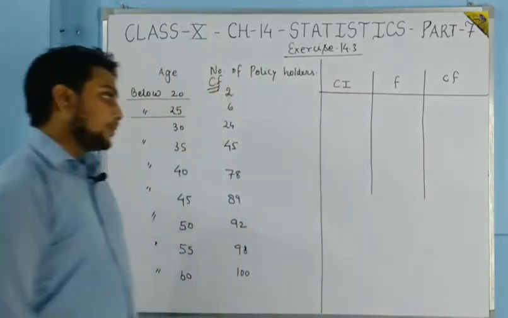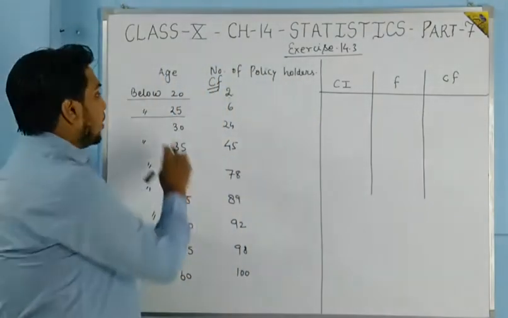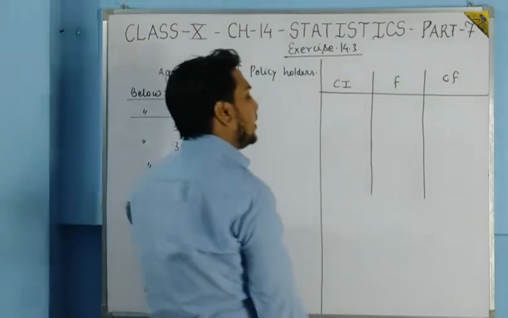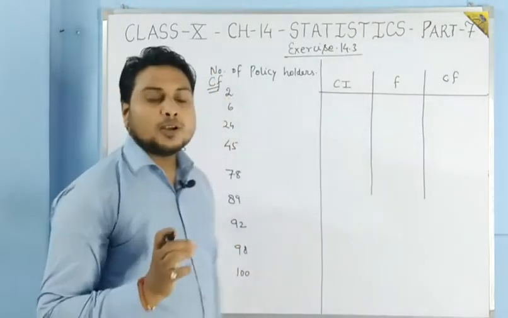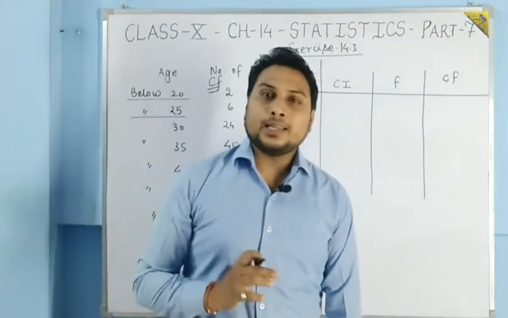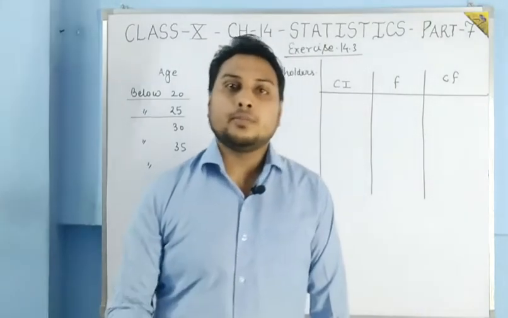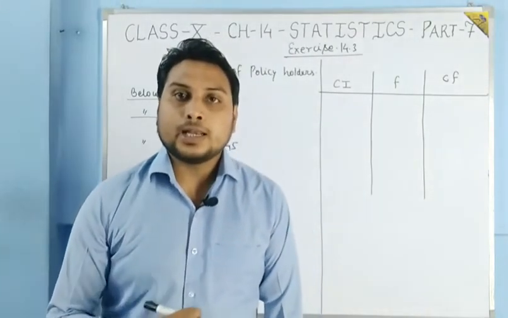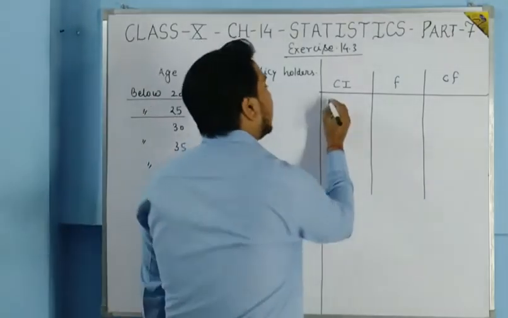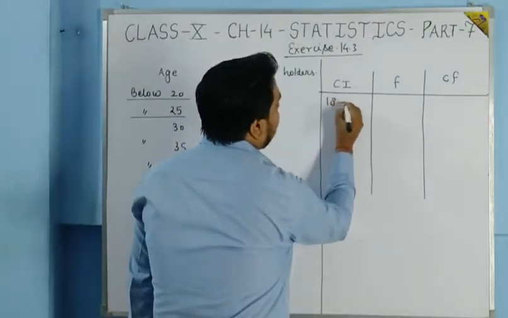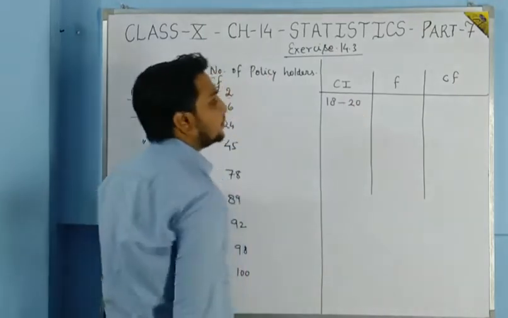Okay students, so see, the first one is below 20. Students, the starting point is what? The starting point is 18, because a policy will be given only to those who are above 18 years old. So here the first class interval will be 18 to 20.